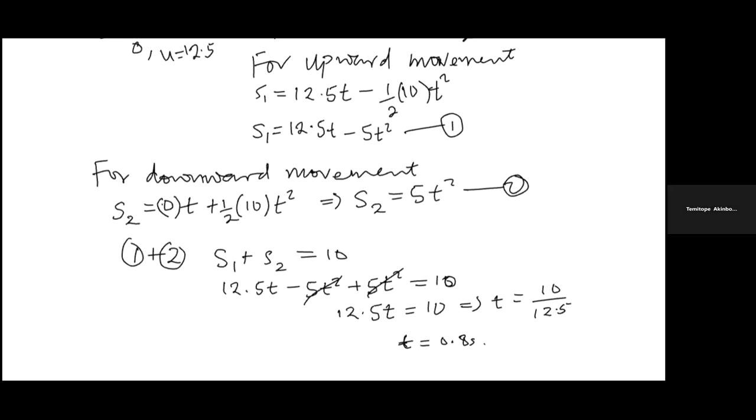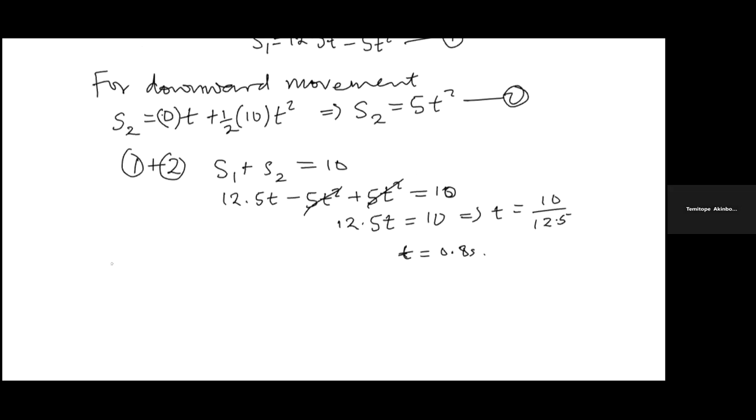Let me say S1 of 0.8. So that will be what? 12.5 times 0.8 minus 5 times 0.8 squared. Simplify this for me. 6.8. 6.8 meters.